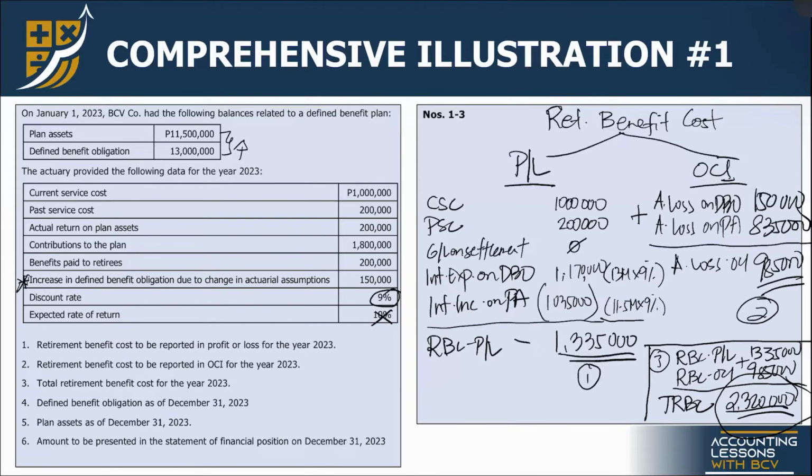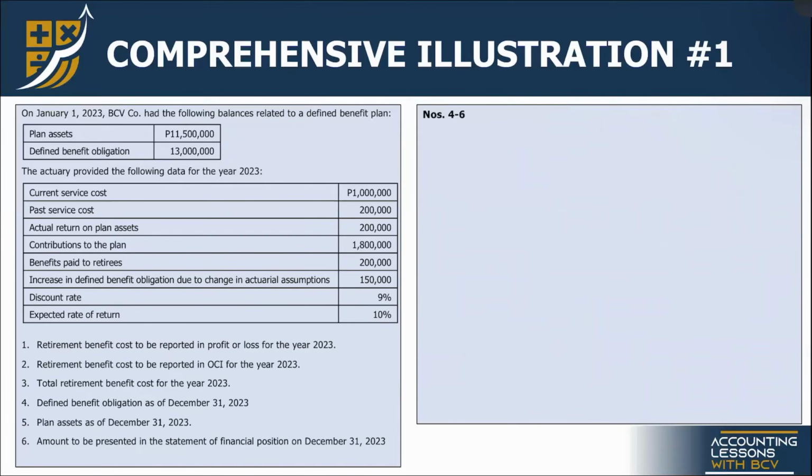Next. Numbers 4 to 6. Tinatanong na tayo ng mga ending balances. So yan, ko-combine din natin lahat ng mga na-discuss na. Okay? Let's start with defined benefit obligation. Natatandaan niyo pa ba yung laman ng defined benefit obligation? Dapat lang.